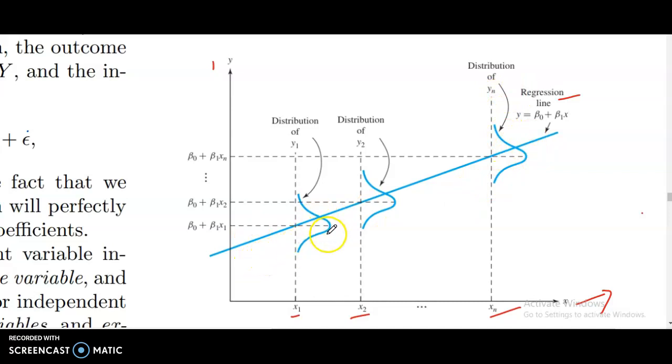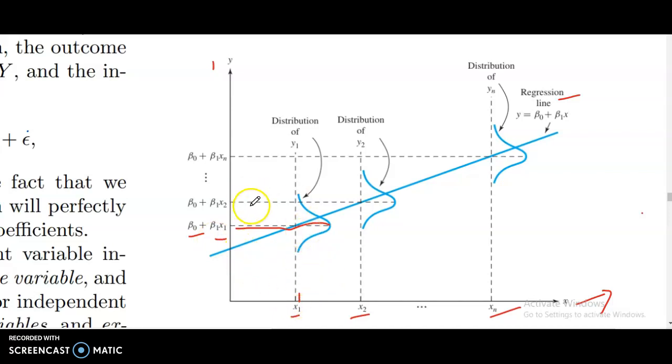Now at this x1 we get the distribution of y1, so going straight, beta naught plus beta 1 x1.